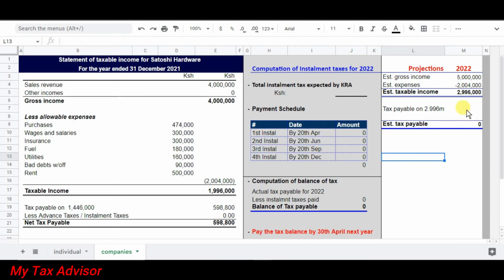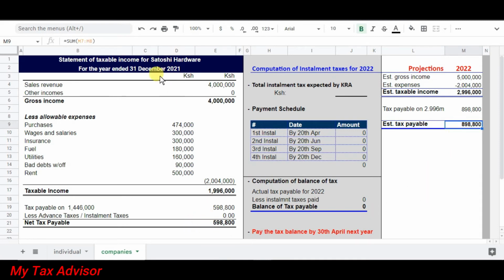All right, and they're estimating to pay a tax of 30%. Companies pay 30%, right? So 30% of this, which is gonna be 898,000.